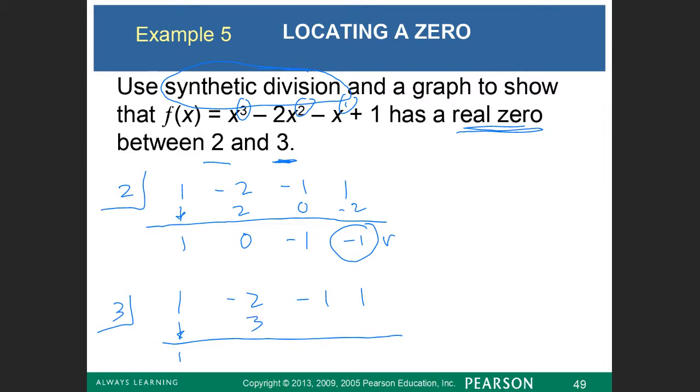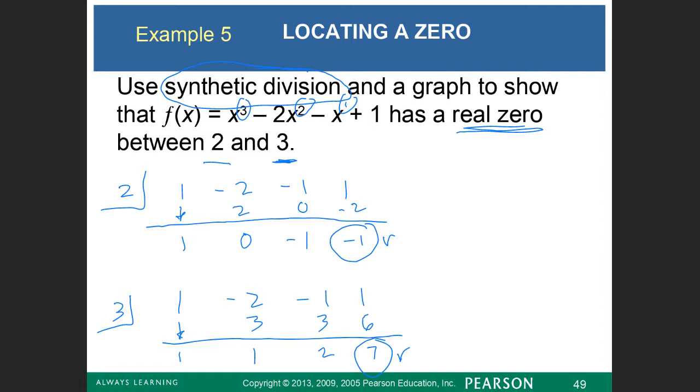Adding this would give us a positive 1. 1 times 3 is 3. Adding this, it gives you a positive 2. 2 times 3 is 6. Adding this, it gives you a 7. So here's the remainder for the other one.